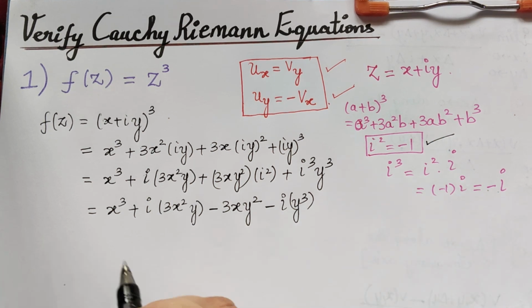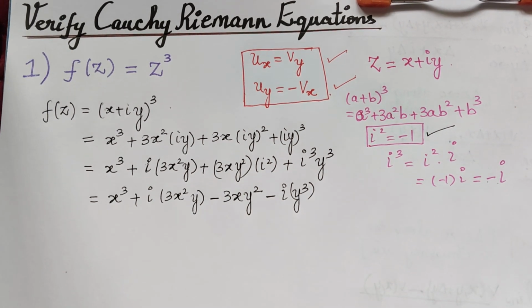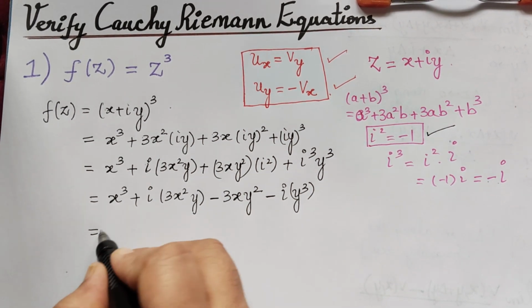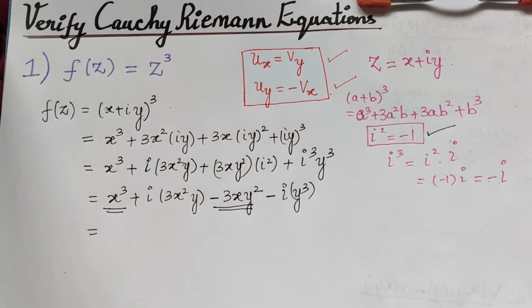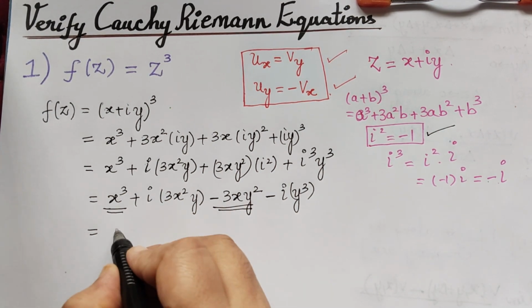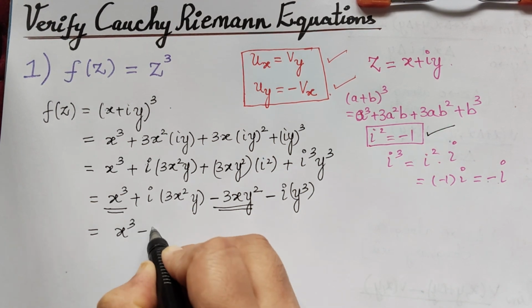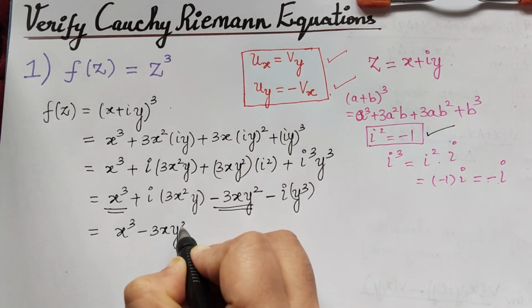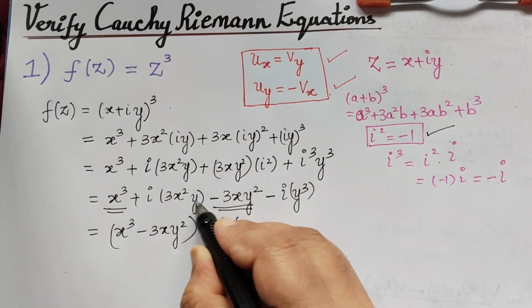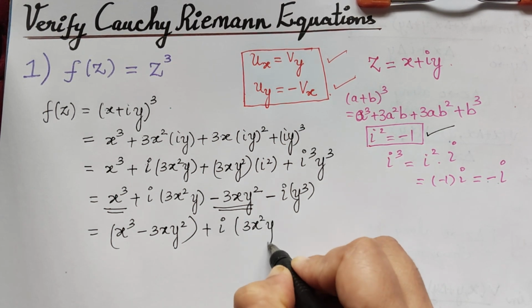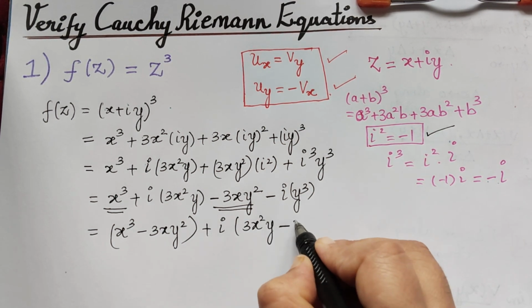Now we shall separate the imaginary part and the real part. So here the real part is x cube minus 3xy square, which is independent of i, plus the imaginary part, which is 3x square y minus y cube.